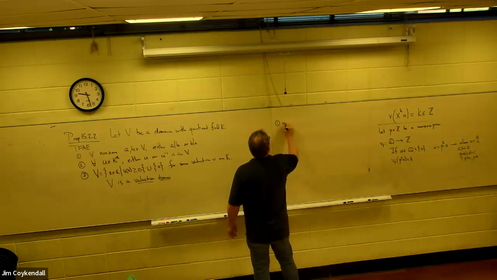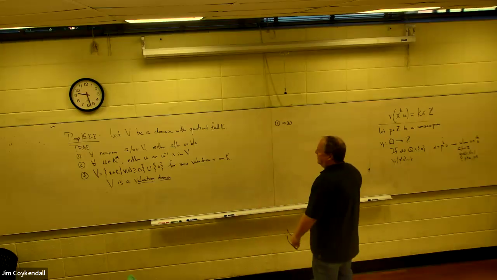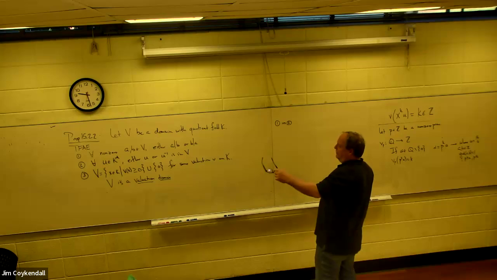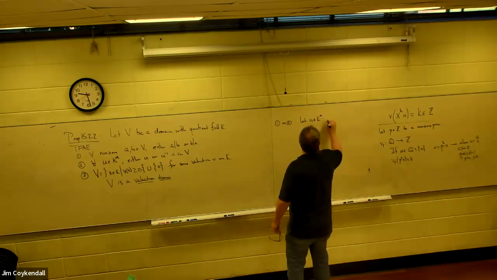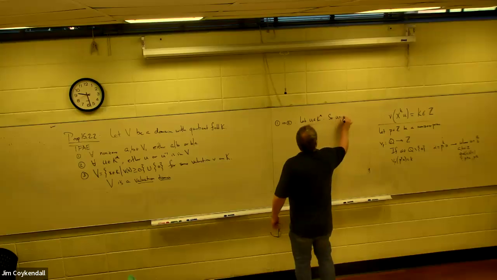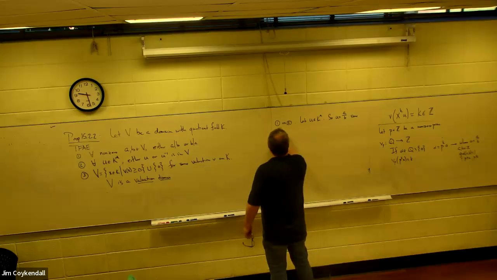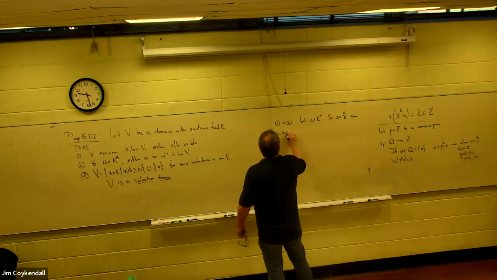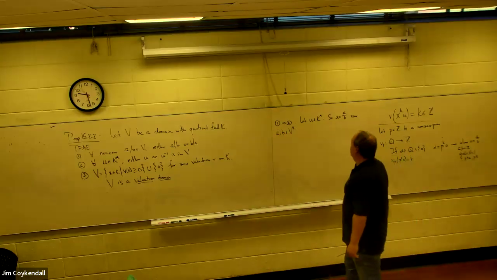One implies two. So you have for every non-zero A and B, either A divides B or B divides A, right? So let U be in K star. So U is equal to A over B for some A and B non-zero elements of V, right?